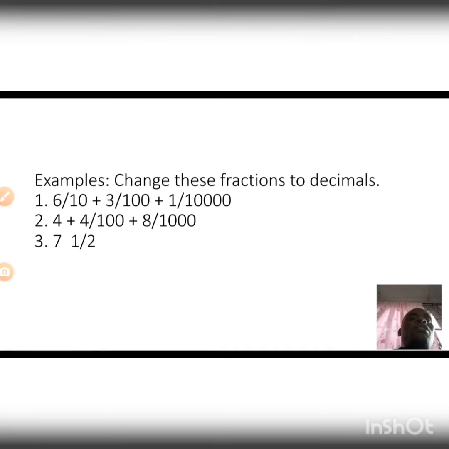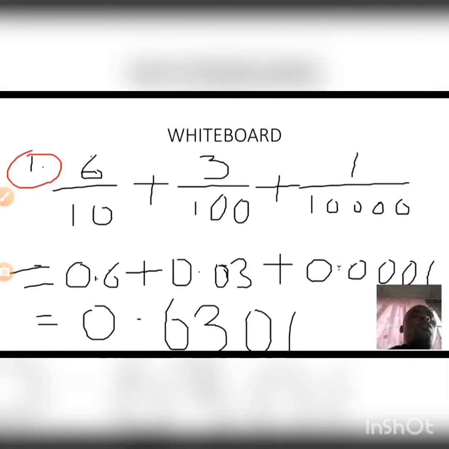We are expected to convert this to decimal. All right? So we are going to take these questions one after the other. First, let's look at the first question. The first question is 6/10 plus 3/100 plus 1/1000.